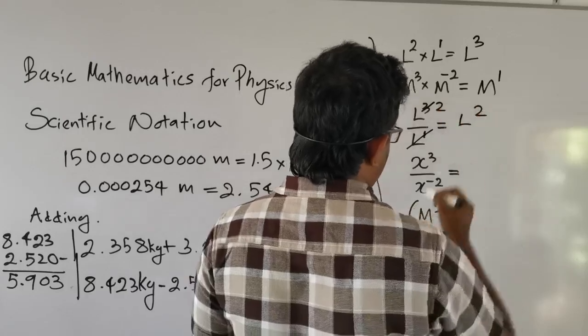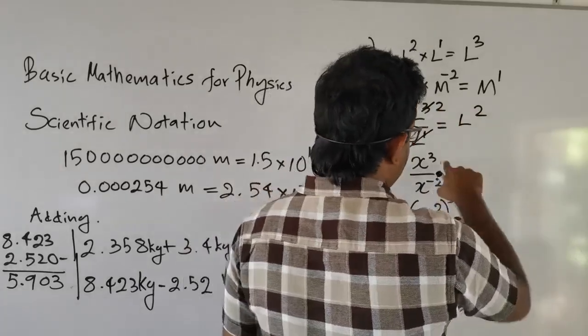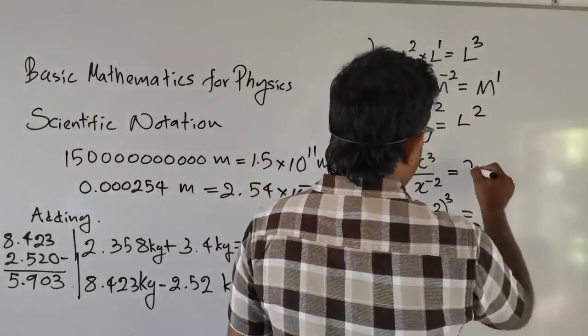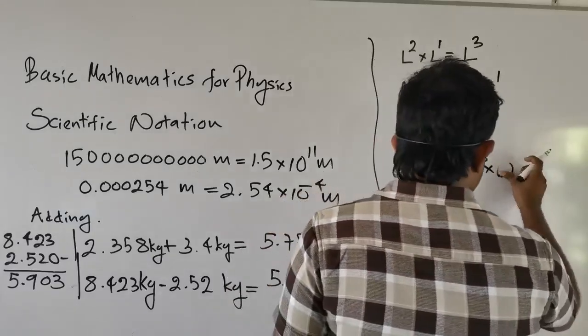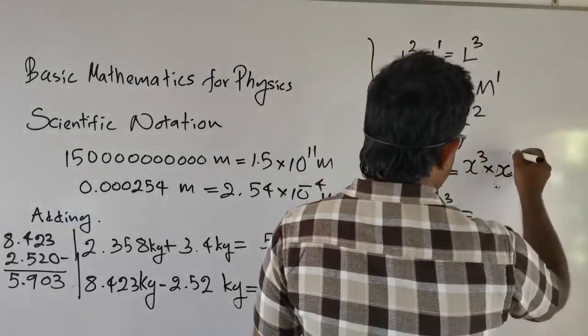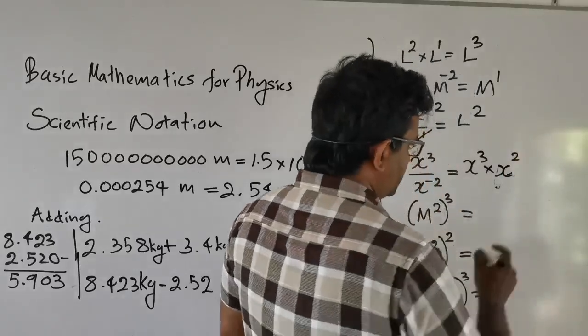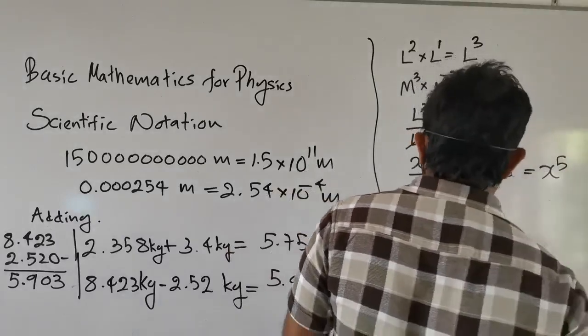L to the power 2, and in this case we can take that to the numerator. x to the power 3, then x to the power plus 2, then 3 plus 2, that is x to the power 5.